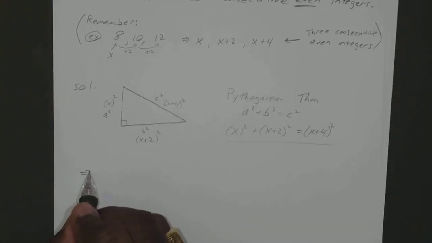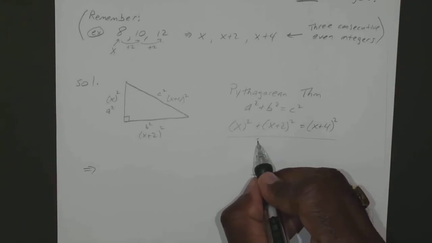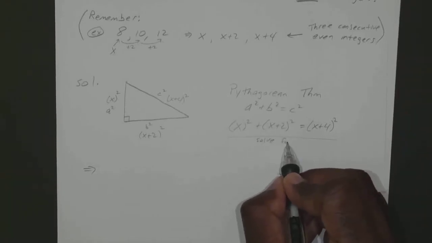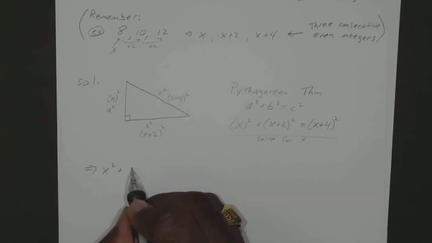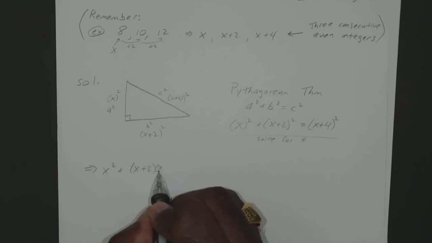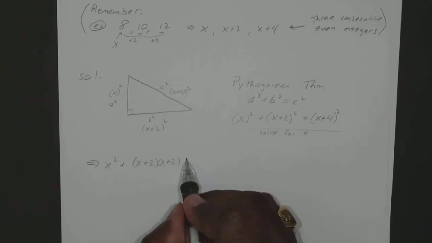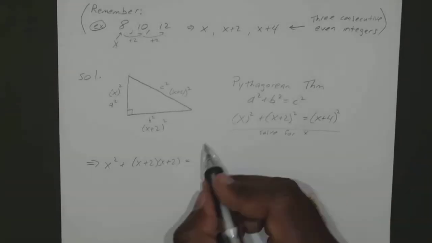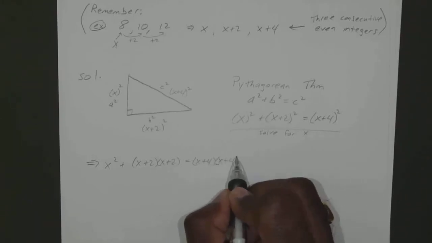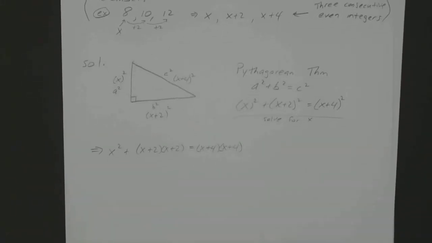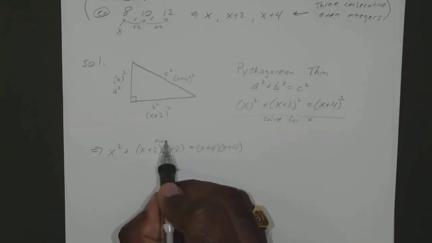Alright, so if we start down here, we have x squared plus x plus 2 squared is just x plus 2 times x plus 2 equals x plus 4 squared, x plus 4 times x plus 4. Okay, so we might as well go ahead and FOIL these two.